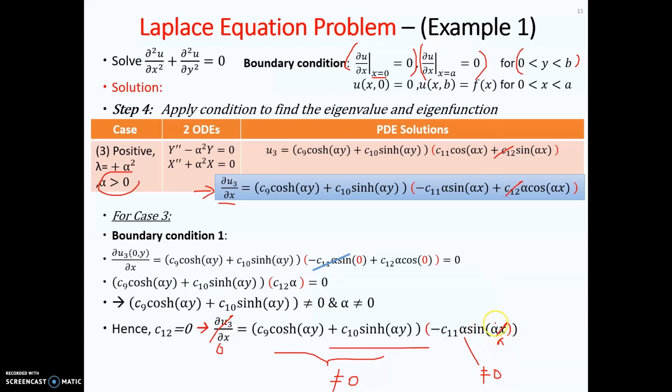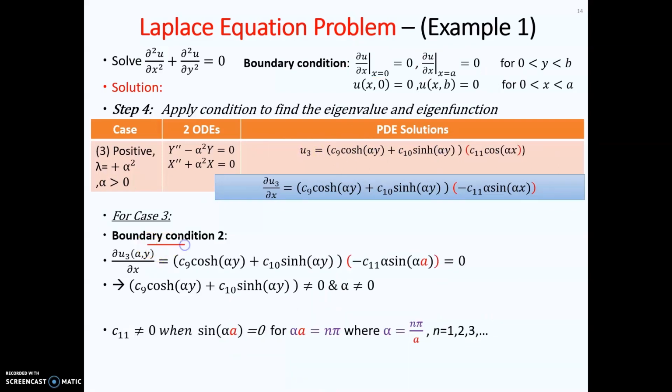Sin alpha a here will be equal to 0 when alpha a is equal to n pi, where n is equal to 1, 2, 3 and so on. Consider alpha is greater than 0. Since the sin term here can be equal to 0, therefore the constant here can be non-zero. If the C11 here is non-zero, then you have the solution for the PDE in this case.